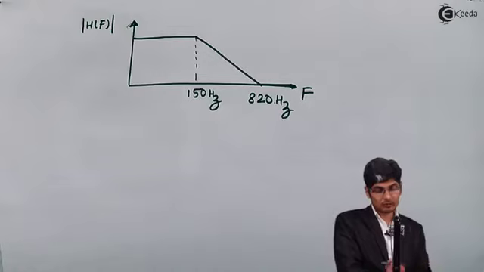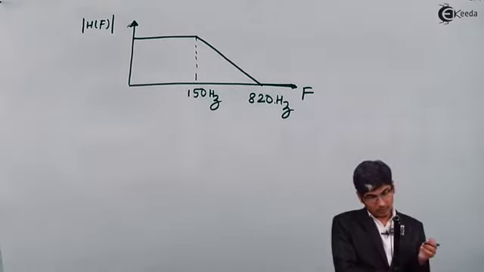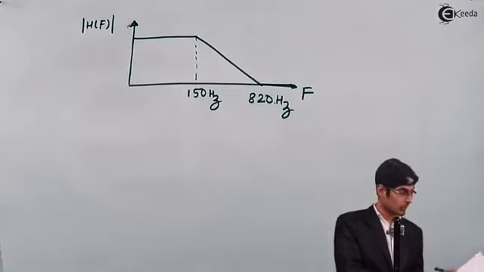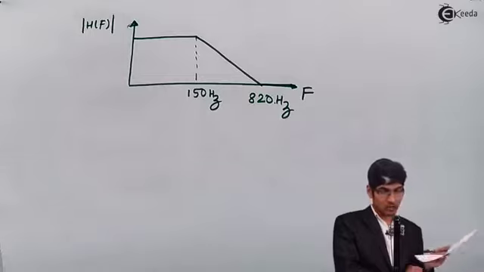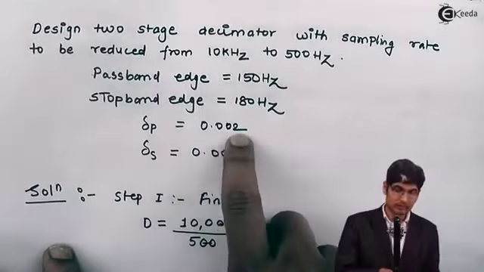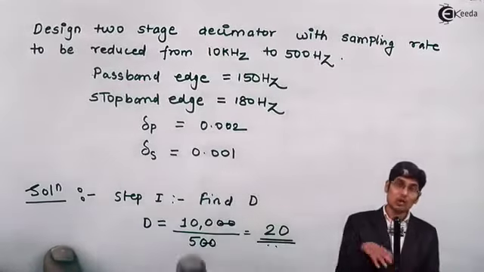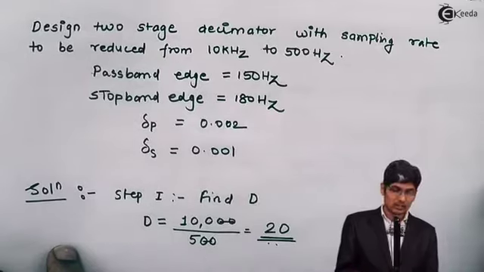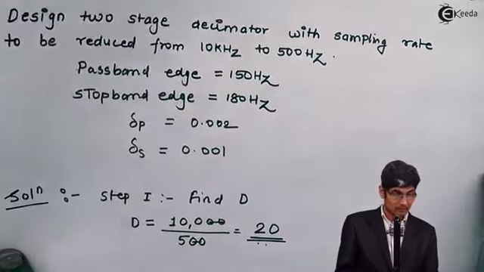But what will be the order of the filter? To calculate the order of the filter, we will go to the more technical requirements given in the problem. What they have mentioned is my passband ripple should be 0.02. This is given as the overall passband ripple, and stopband should be 0.01. Correct?